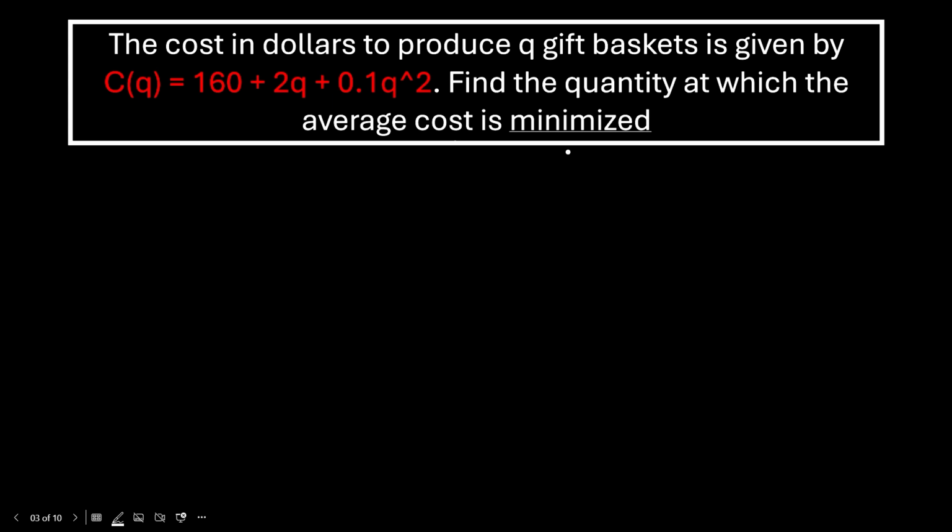Alright, to begin, we first must define when the average cost is a minimum. And as it turns out, the average cost is a minimum when it's equal to the marginal cost.